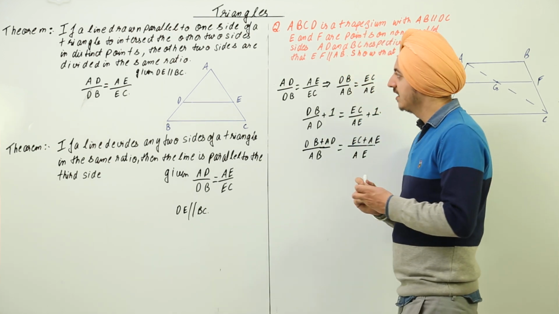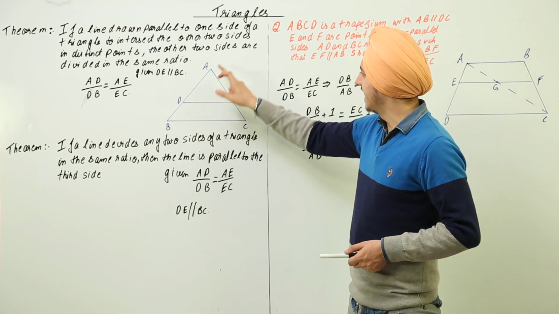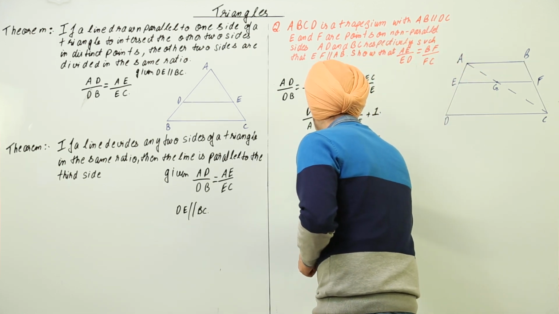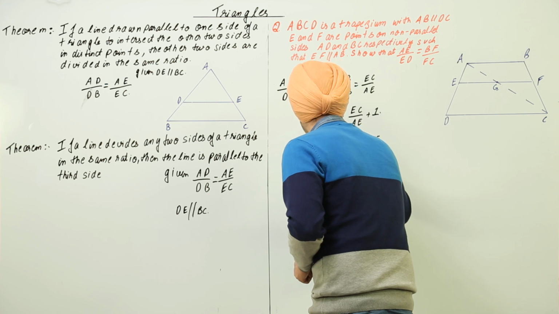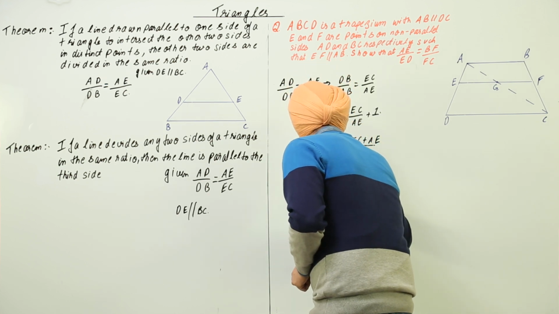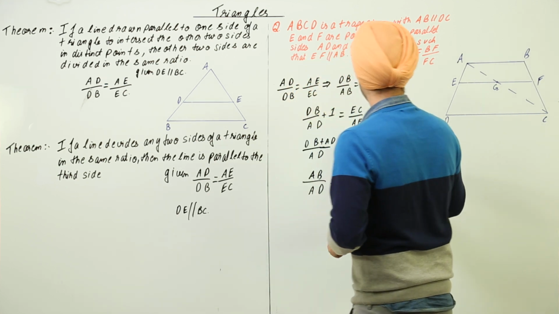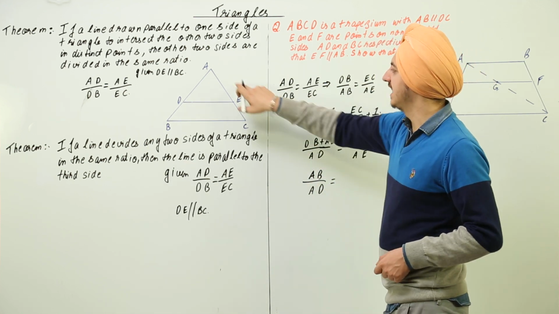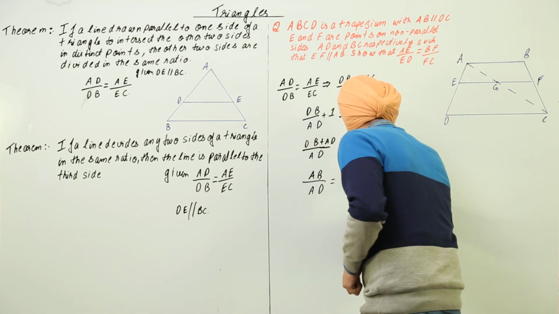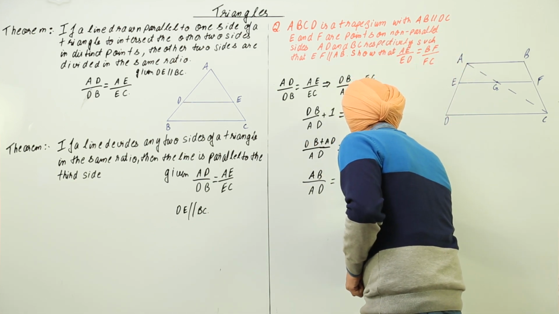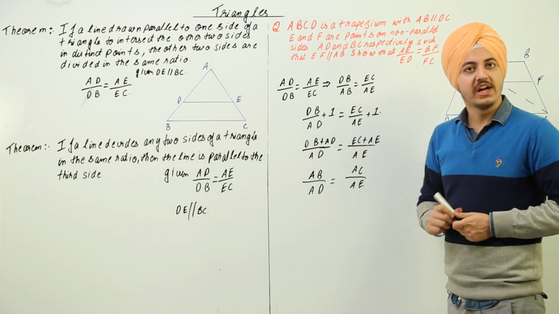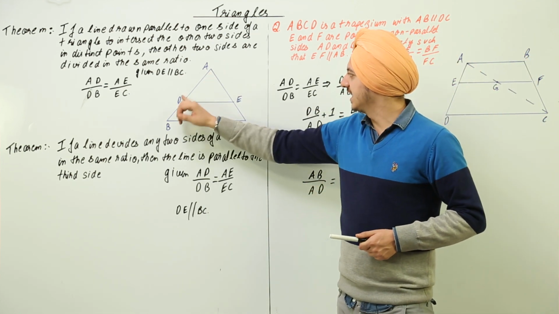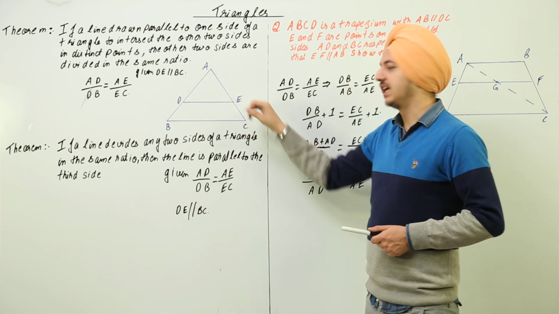Now if you see over here, DB plus AD is equal to AB. So this is AB upon AD is equal to, what is this? This is EC plus AE. EC plus AE is equal to AC, correct? AC upon AE. So what we get from here is AB upon AD is equal to AC upon AE.